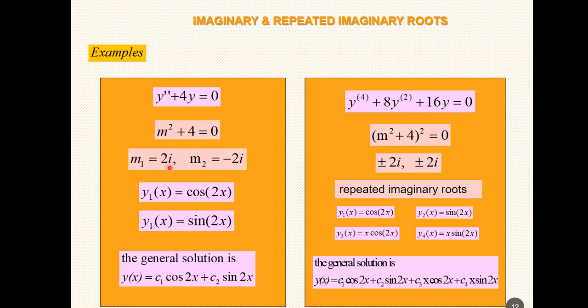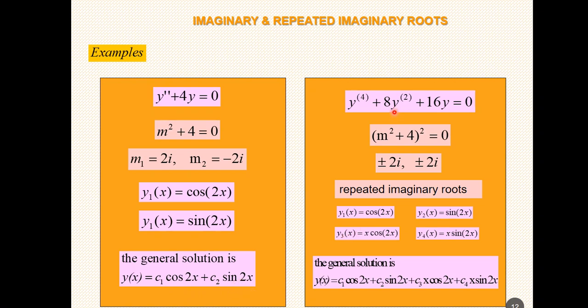The positive is for the cosine, the negative is for the sine. If this is 5, you make this also 5. As to the general solution, then you add the two, never forgetting that they be multiplied to an arbitrary constant.